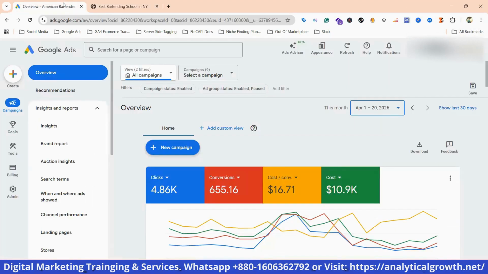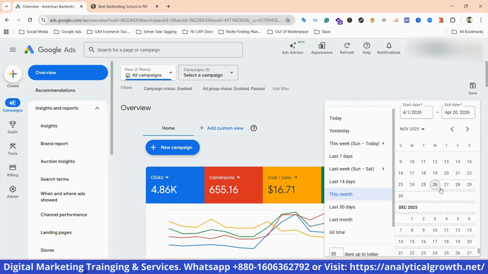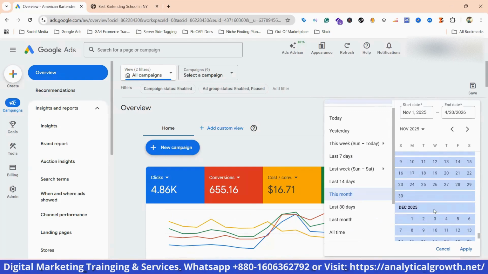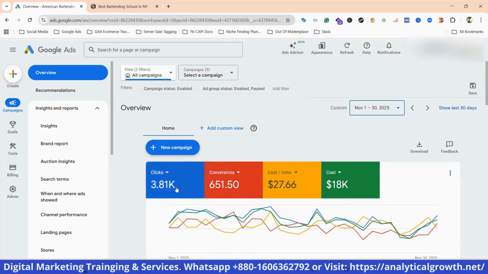Perfect. Let's go to the first month. Let me show you the data of November, because the client reached out to me in December. Let's see the performance of November. You can see this account generated 3.81K clicks in November and 652 conversions, and the cost per conversion was $27.66.